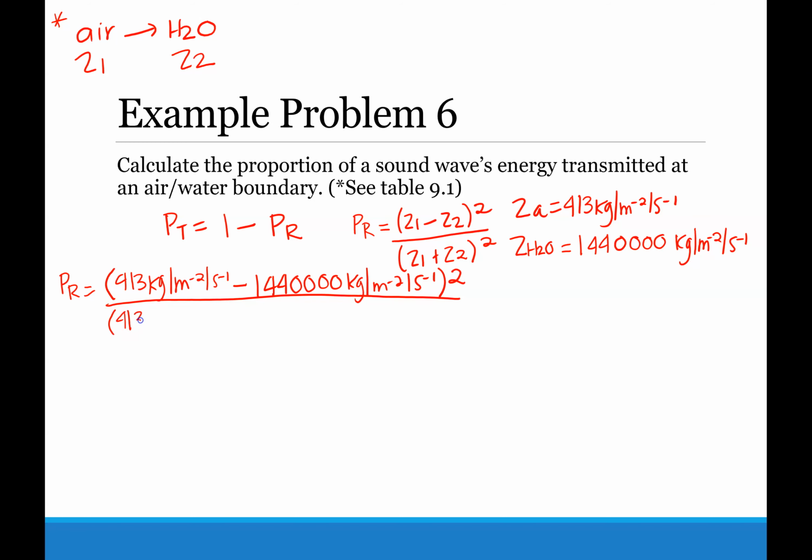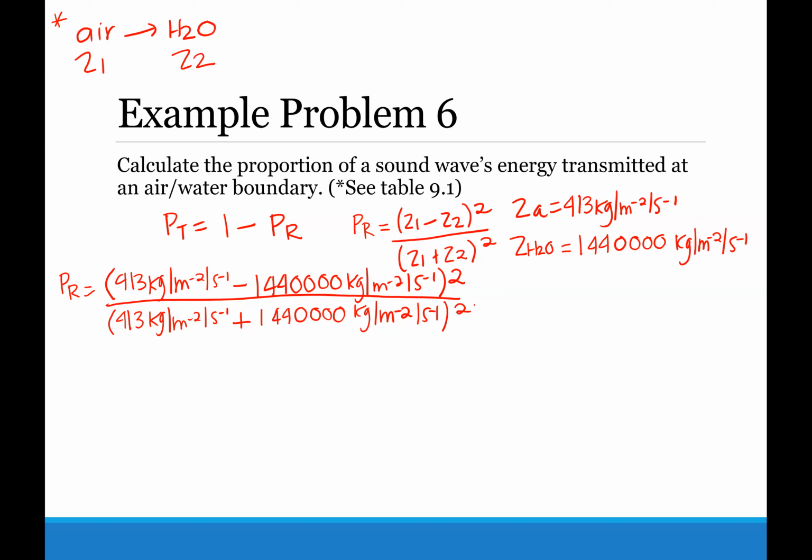So 413 kilograms, meters minus 2, seconds minus 1, plus 1,440,000 kilograms, meters minus 2, and seconds minus 1, and then all of that squared.